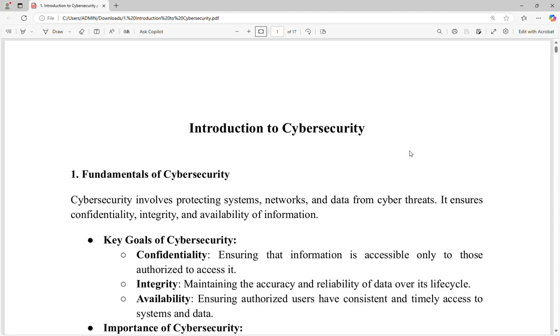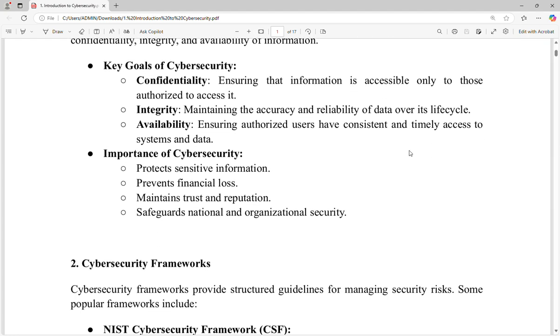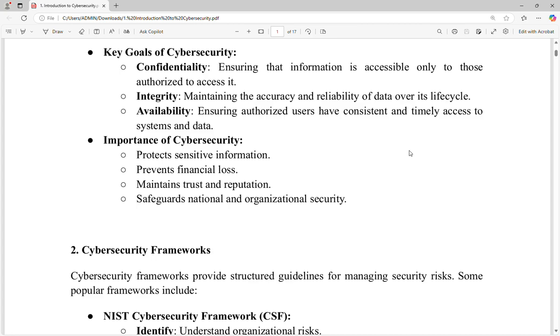This is the goal of cybersecurity, and now the importance of cybersecurity. Number one is to protect sensitive information, sensitive data, classified information. That is the importance. And number two, prevent financial loss. This will cause financial loss if there's modification in integrity.